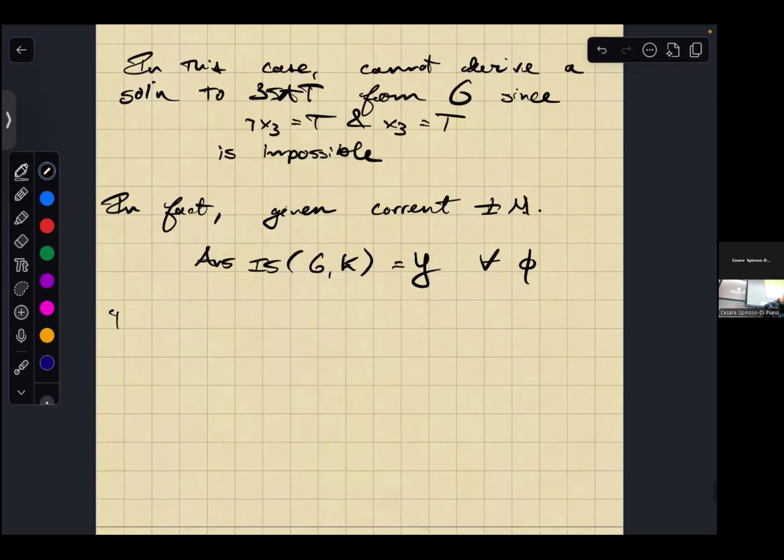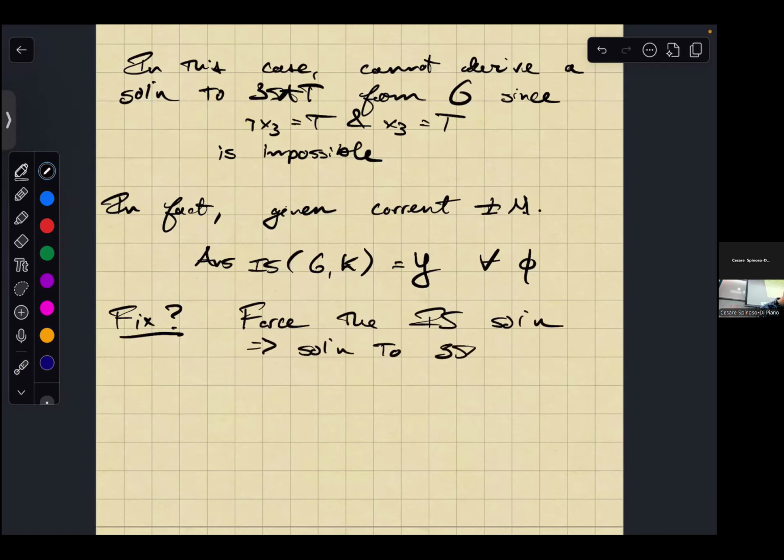So the fix is going to be to force the independent set solution to be a solution to 3-SAT. And so how am I going to do this?